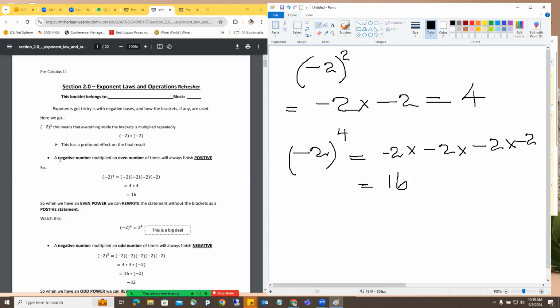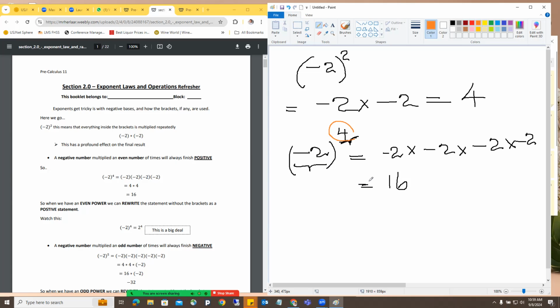So here they have mentioned a negative number multiplied an even number of times will always be positive. You can see here we have a negative number and an even number as the power. The power is an even number and the base is a negative number.